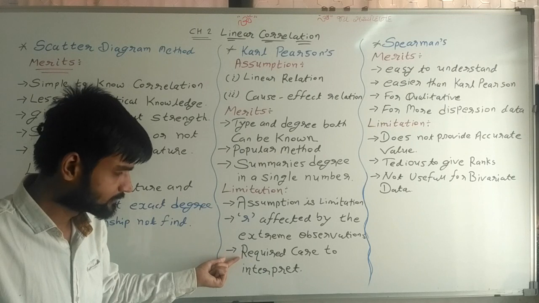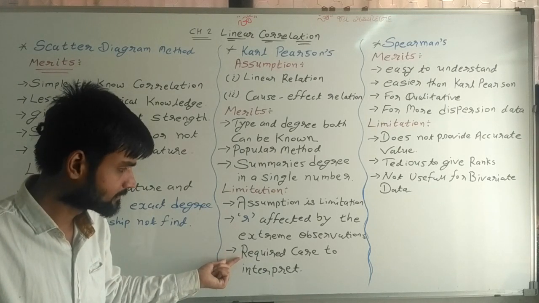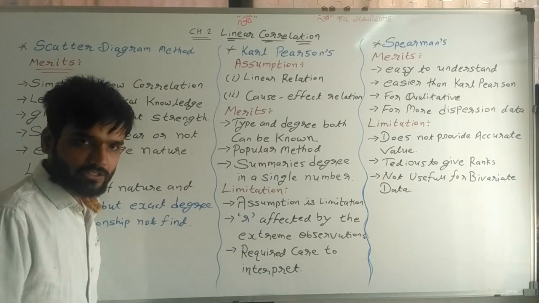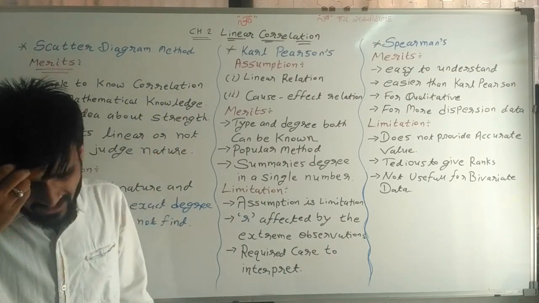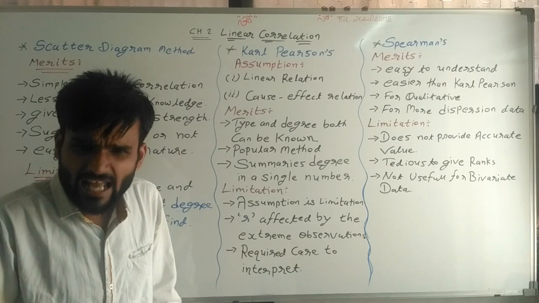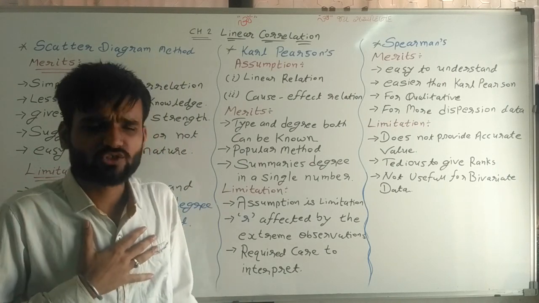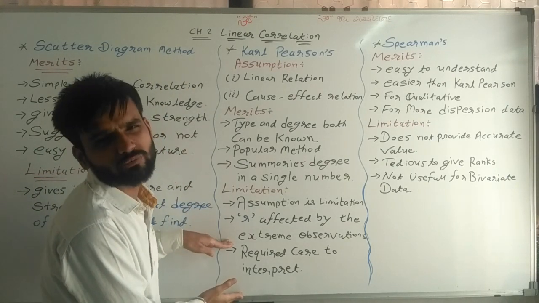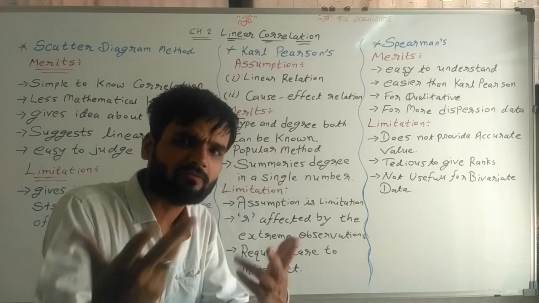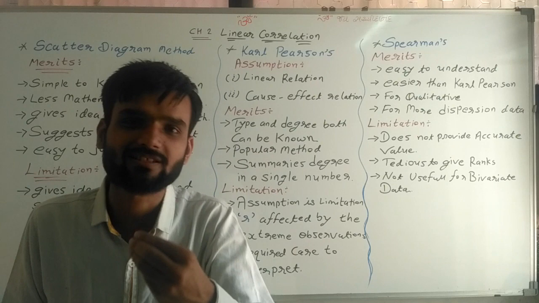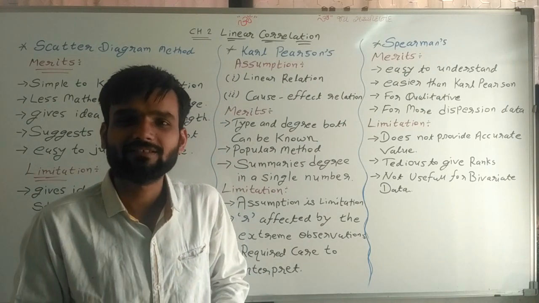Now, the third one: care required to interpret. As per my suggestion, it should not be a limitation. Actually, care is required everywhere. If you want to eat something, care is required.